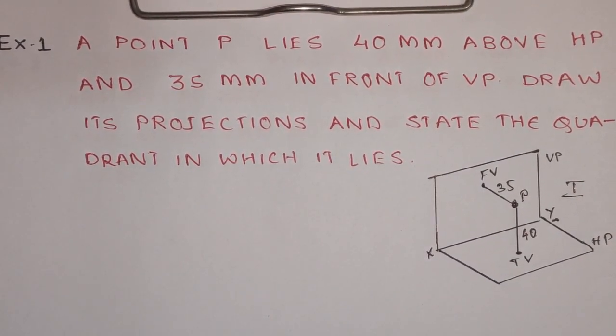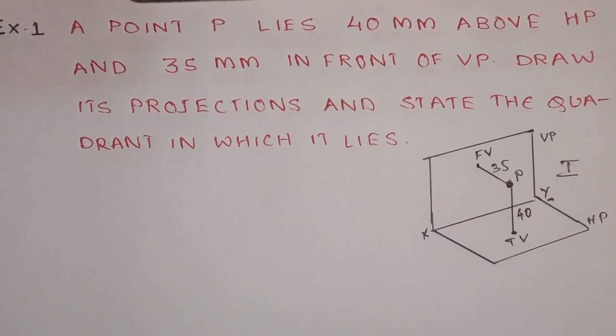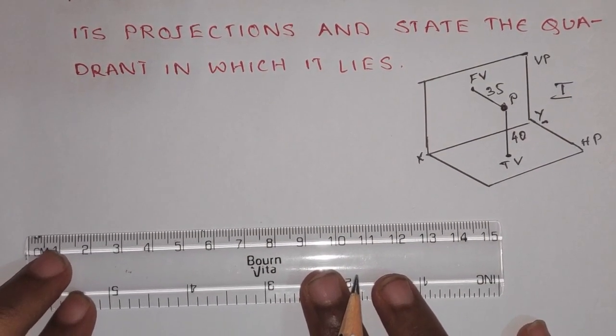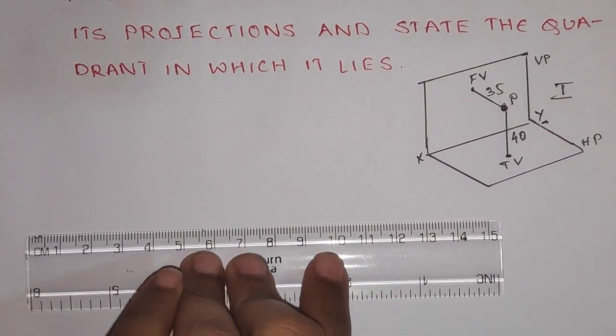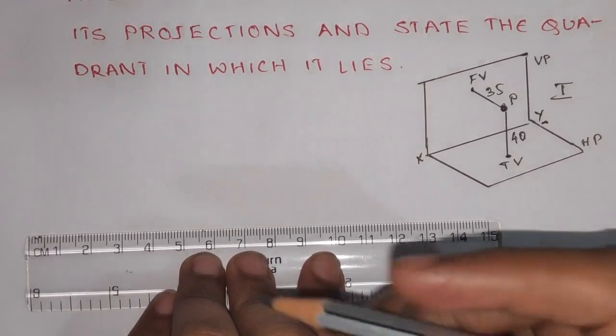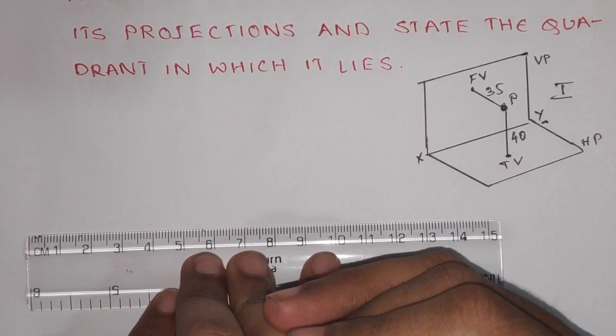For the first quadrant we have VP above the XY line and HP below the XY line. I'll be drawing the XY line first. With one pencil I'll also explain how you can draw the thick and thin line. I have an HB pencil over here.